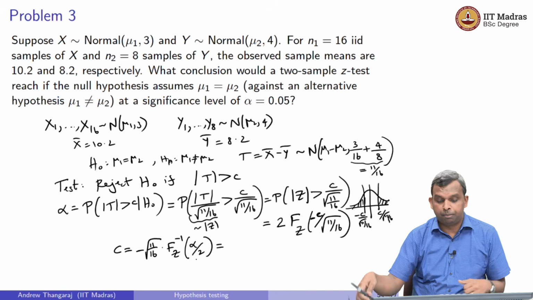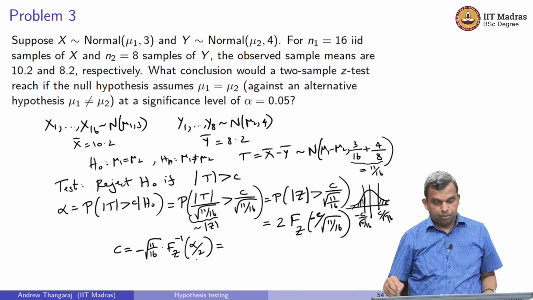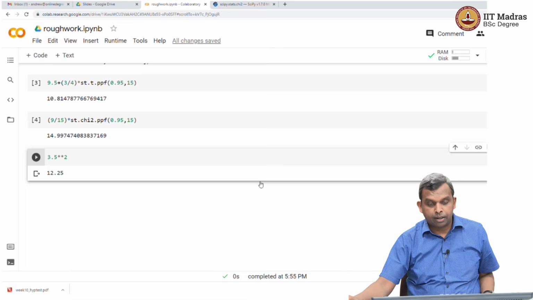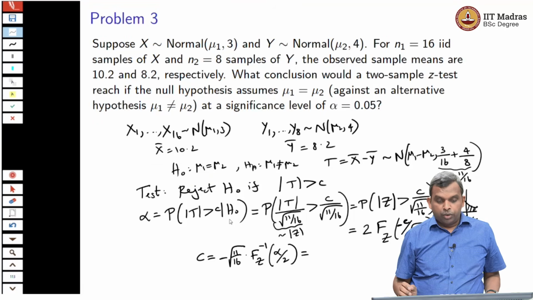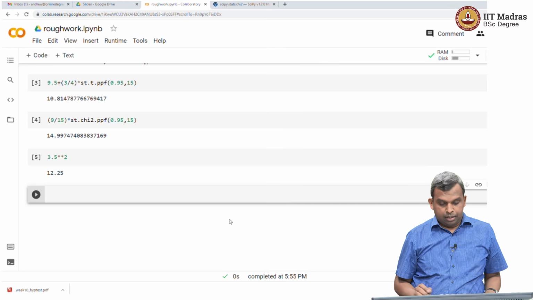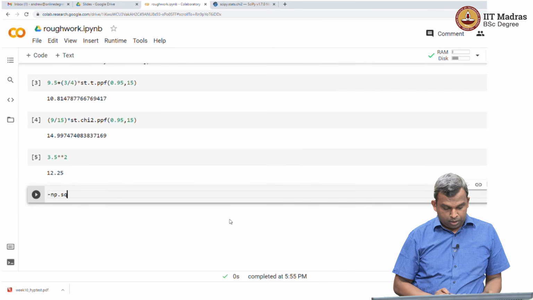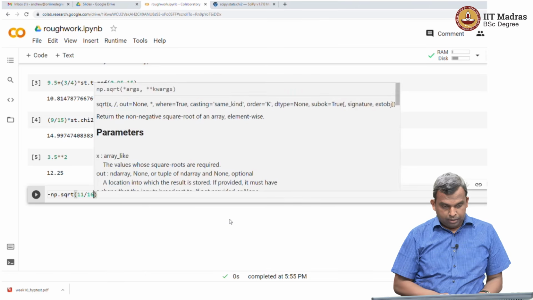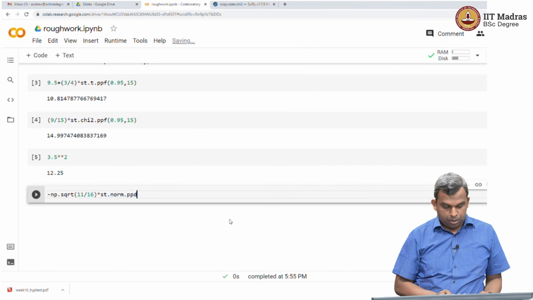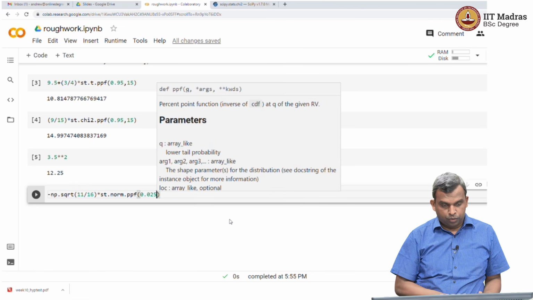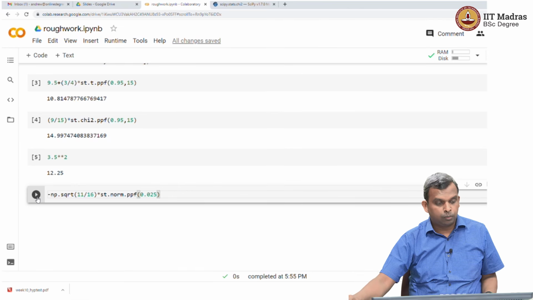What will this be? Let's find out. We have a little calculator here. Let's check what we are doing. Minus square root 11 by 16. So minus np dot sqrt of 11 by 16 multiplied by st times norm dot ppf of 0.025. There you go.